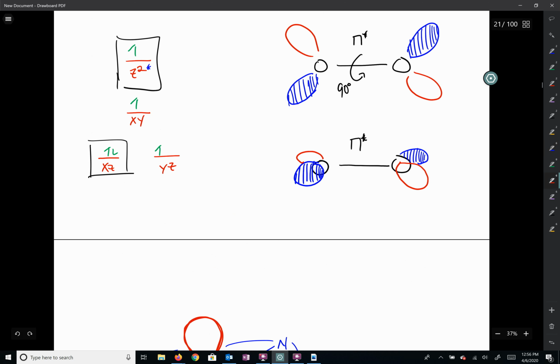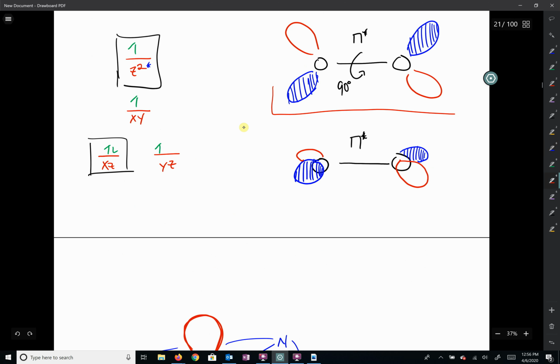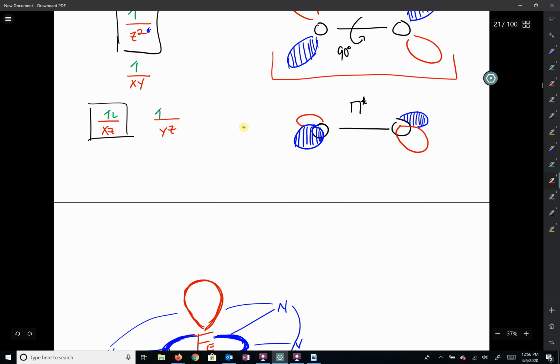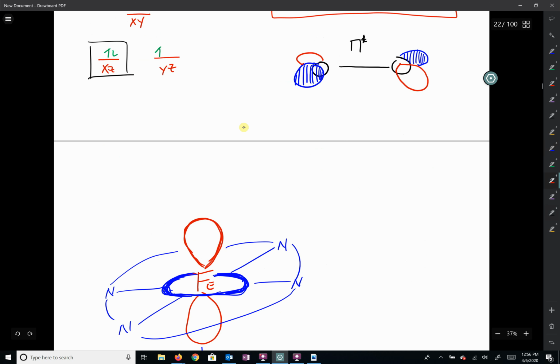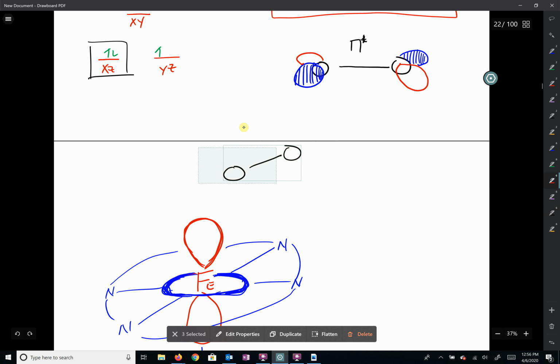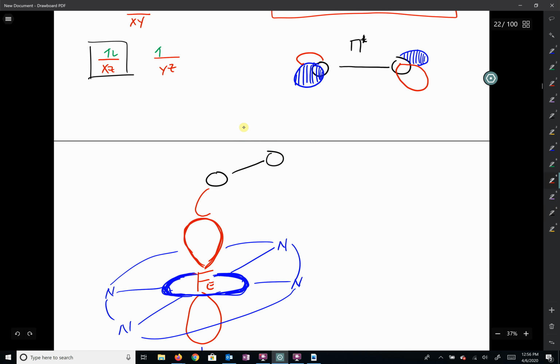So what we're going to do is bring in our pi star orbital here. Let me see if I can draw this as best I can. My oxygen is going to come in bent. Let me move this over just a bit here. So one lobe, pi star, blue and blue.